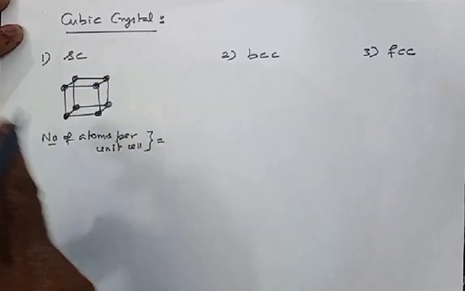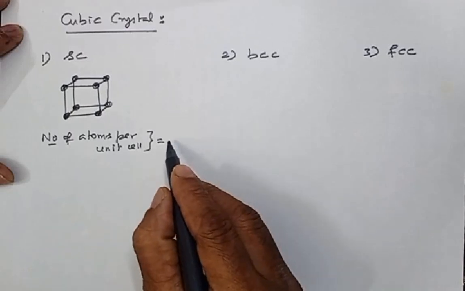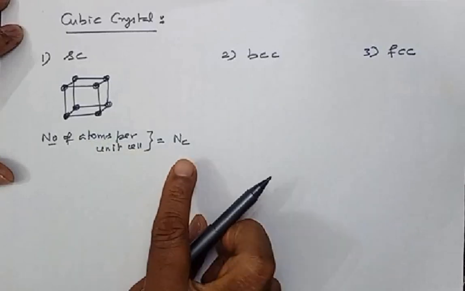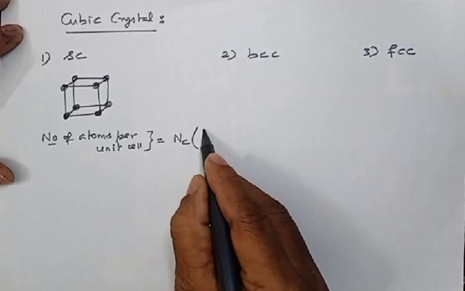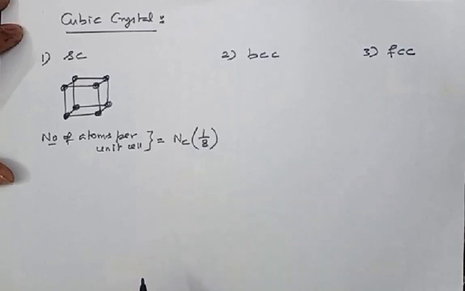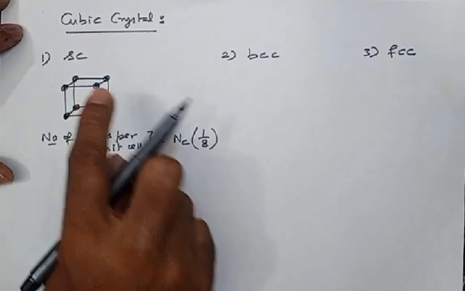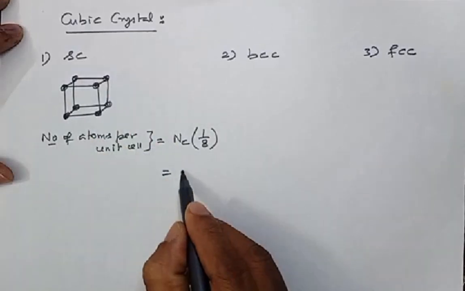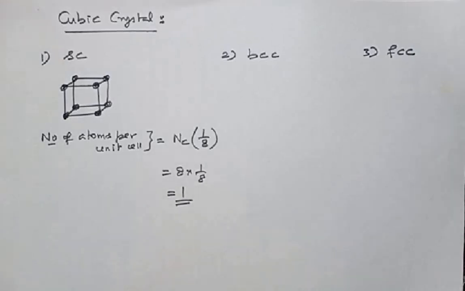Therefore, to find the number of atoms per unit cell, first find out how many corner atoms are there. The contribution of each atom to one unit cell is 1 by 8. So there are 8 corner atoms, 8 into 1 by 8 equals 1. So the number of atoms per unit cell for simple cubic is 1.